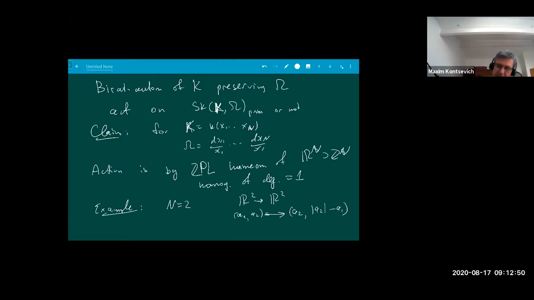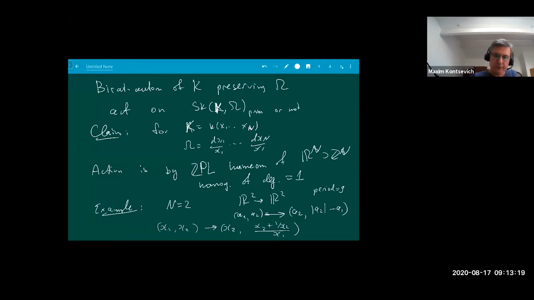That's an interesting map of period 9. And it comes from many birational maps preserving volume elements. For example, x1, x2 goes to x2, and (x2 plus 1) over x2 divided by x1. Yeah, so this (x2 plus 1) over x2 represents the absolute value of a2.